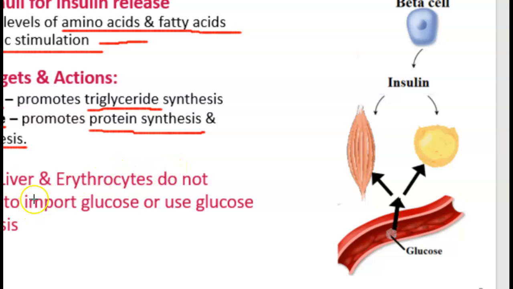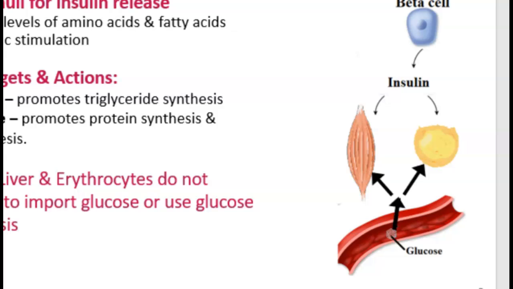Now, there are some cells in your body that don't require insulin to take up the glucose out of the blood. That would be the brain, the kidney, and erythrocytes. The liver can do so, but insulin really helps the liver take up the glucose. So it does respond.